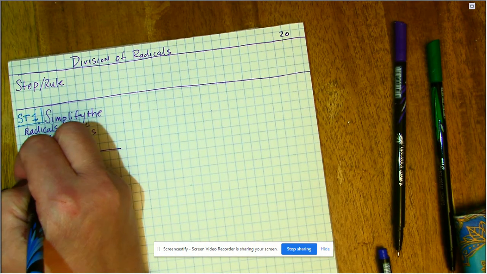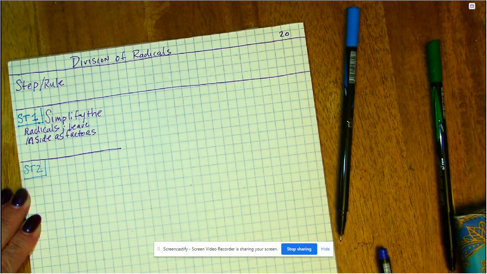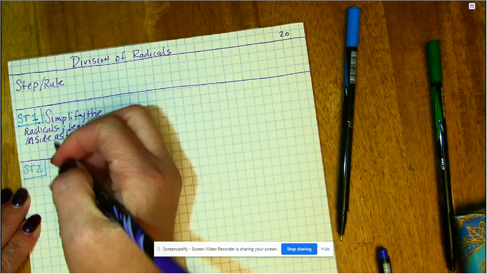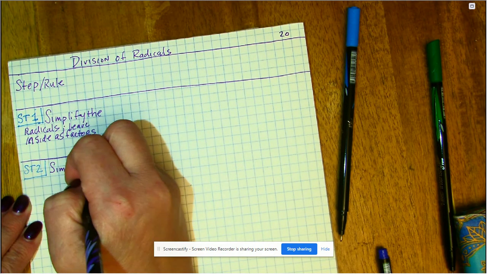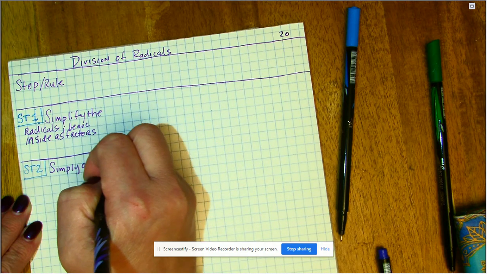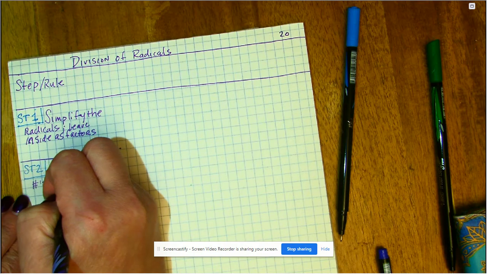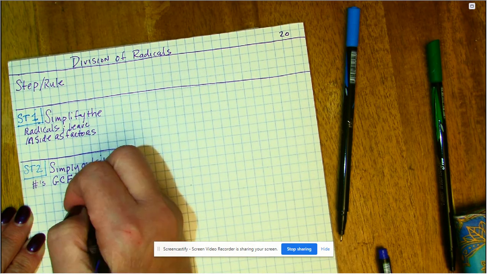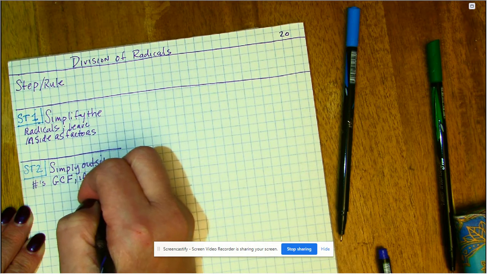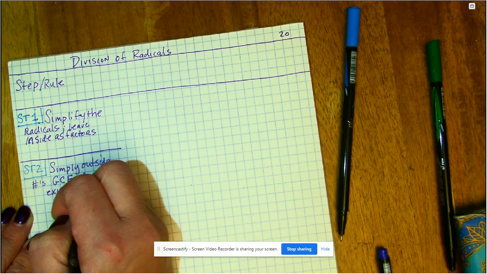Step 2 is just a little bit different. So simplify outside numbers with greatest common factor, otherwise known as GCF, if one exists. May not.